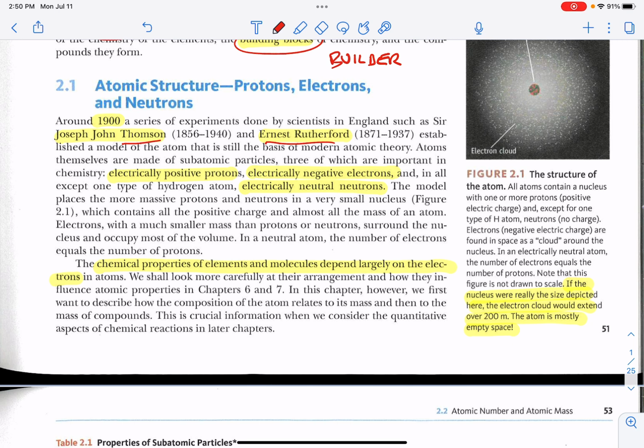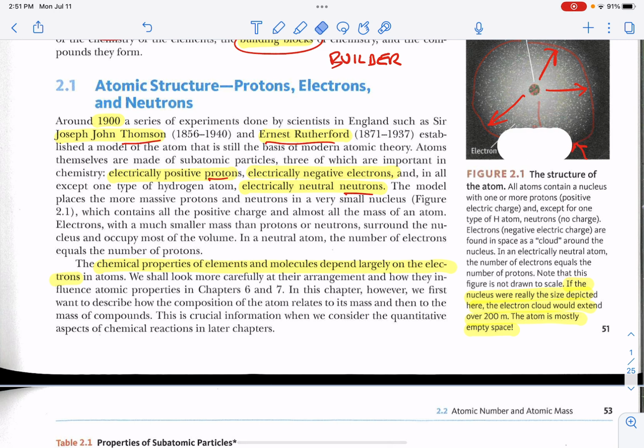And inside that nucleus, you find the protons and the neutrons, something that were not known about until the 20th century. And somewhere in the space around that nucleus, you have electrons. Now, you notice that there is no border. There is no hard outer shell, so to speak, where inside you have the atom and outside you do not. It's sort of like the atom has this decreasing density of electrons as you go away from the nucleus.